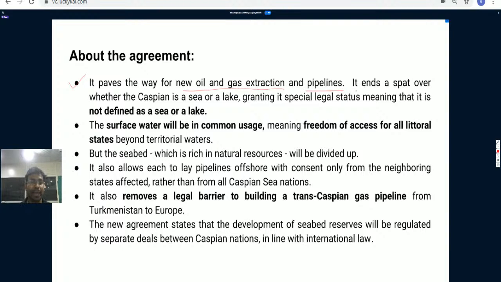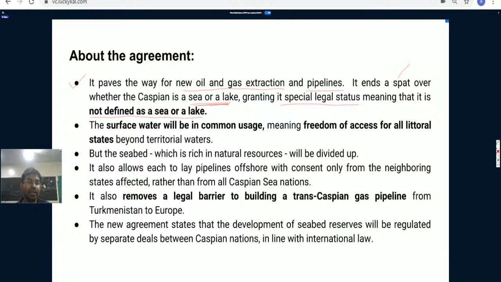It ends the spat, meaning the feud or dispute, over whether the Caspian Sea is a lake or a sea, granting it a special legal status, meaning that it is not defined as a sea or a lake. After the agreement, they have not defined it as a sea or a lake. They have given it a special legal status where all the countries will share some of the resources.